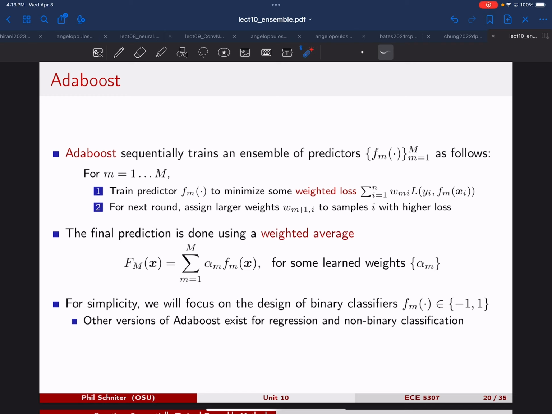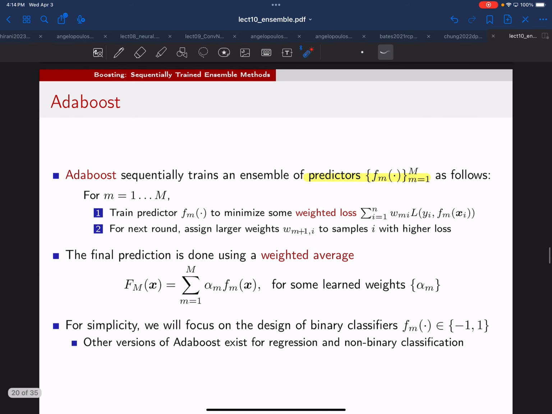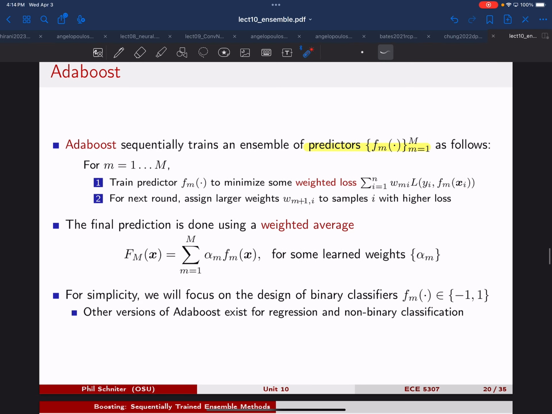So the predictors, our base models, we're going to use little f for the predictors. We're going to use m to index the stage. So this would be m equals 1, 2, 3. And roughly speaking, what we're going to do is we're going to go sequentially for little m, 1, 2, and so on.